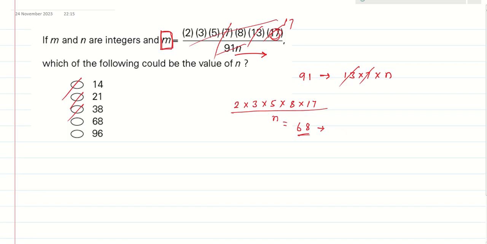How do you break 68 into factors? This is 52, no? Correct. 68 only. 17 also gone and 4 also gone from here. Good. The answer is 68.